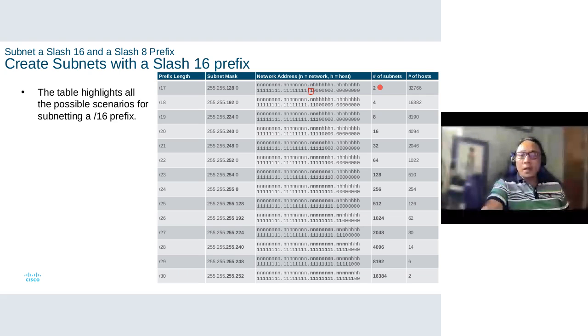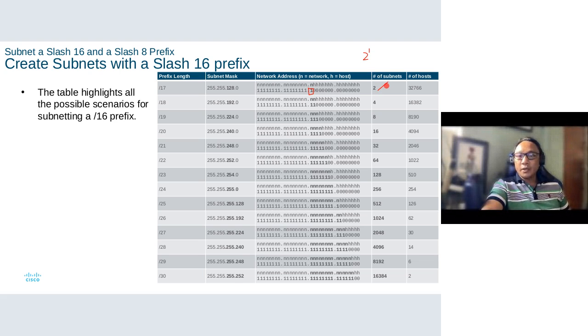How did it become 2? Paano nako-compute yung 2 na yan? Kasi yung isang binaro, that's going to be 2 raised to 1, and 2 raised to 1 is equal to 2. Therefore, there are 2 subnets that can be created.